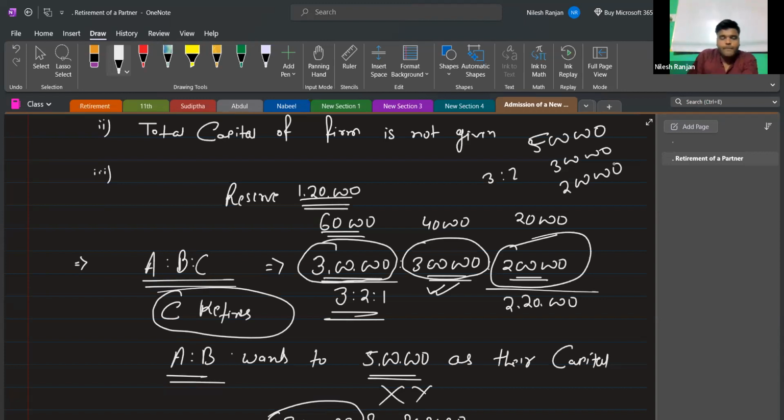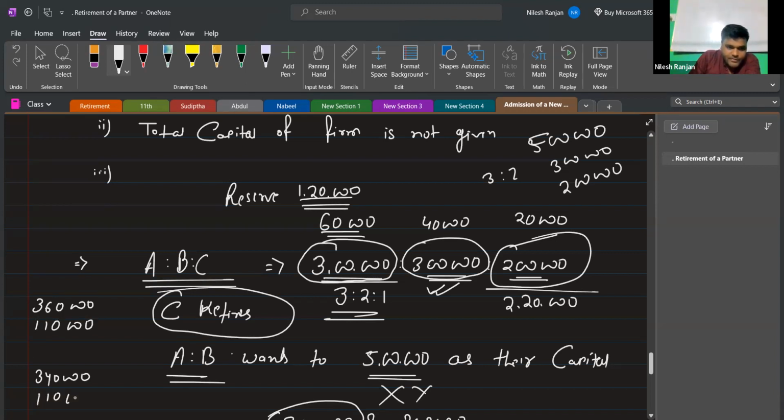So A's old capital was 3,60,000 and B's old capital was 3,40,000. You are saying that they will bring 1,10,000 each.